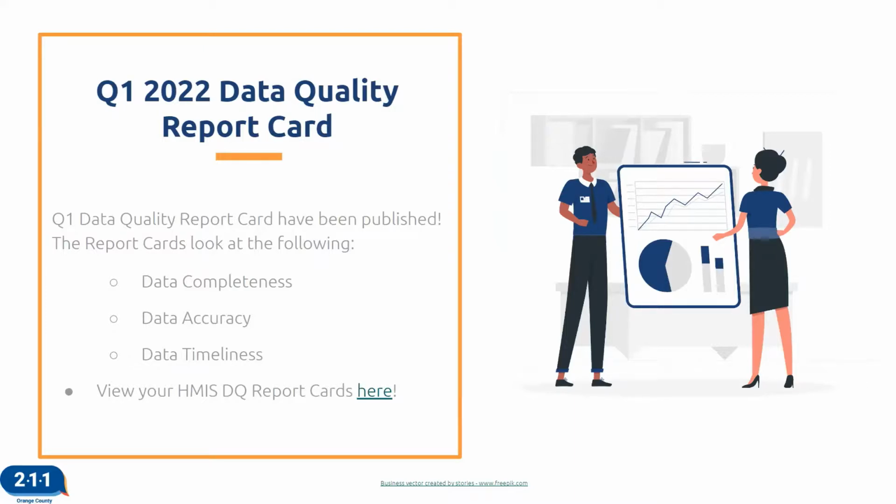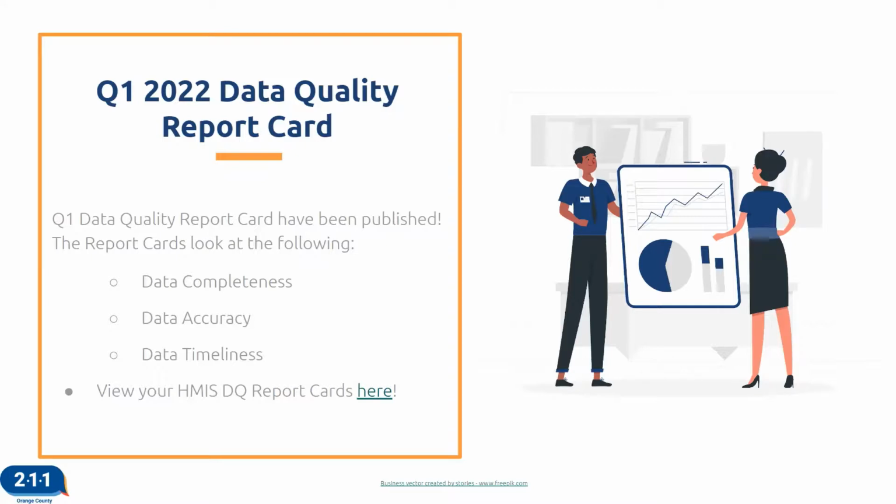Data completeness refers to the degree to which all required data is known, valid, and documented in HMIS. A data element is considered to have a valid response when it is in accordance with HUD data standards, and it is different than client doesn't know, client refused, and data not collected.